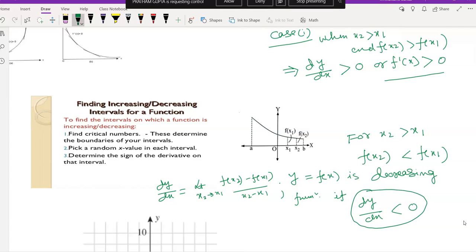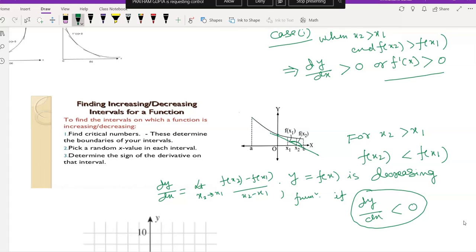And all of you will say that this is very easy to decide here, because if I draw a tangent here, the tangent has slope with this theta obtuse, no? Theta obtuse means dy by dx at this point will be less than 0. Not only in this case, at any point if you draw a tangent, the tangent will make an obtuse angle. So tan theta means dy by dx.